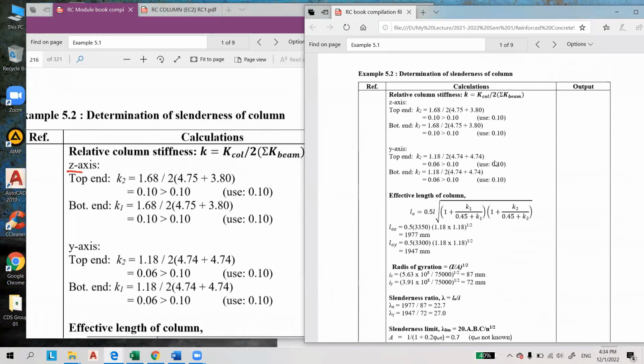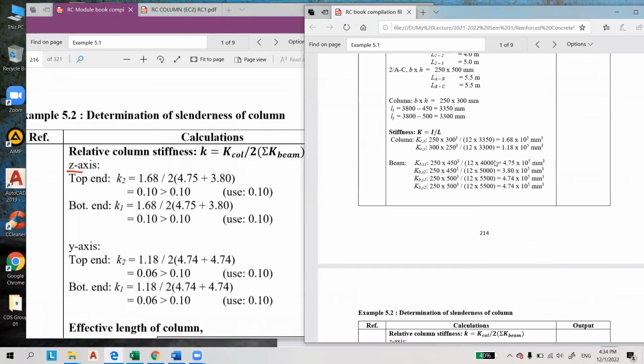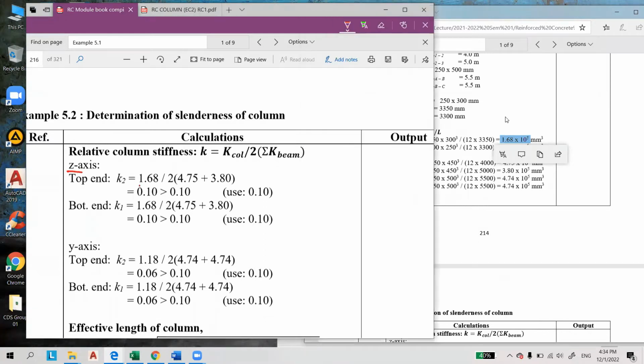For the Z axis you use this one, 1.1. So you use the corresponding value from Z axis K2. Just use this. Okay, K is equal to K column divided by 2.